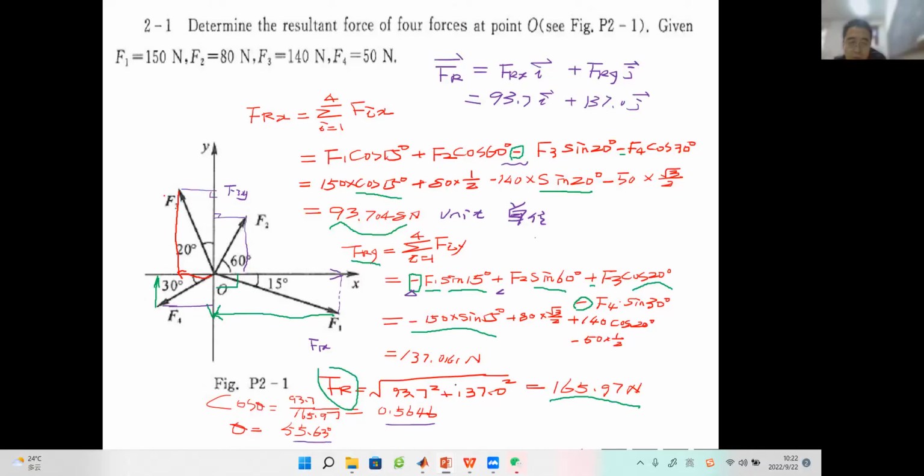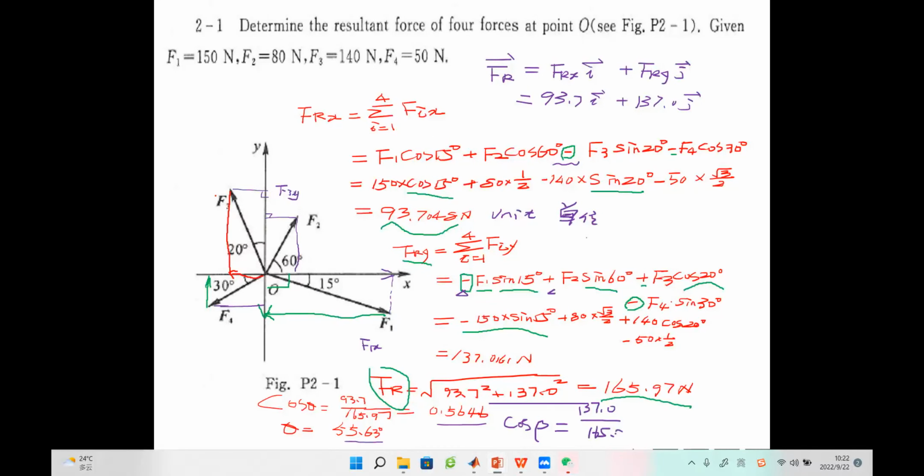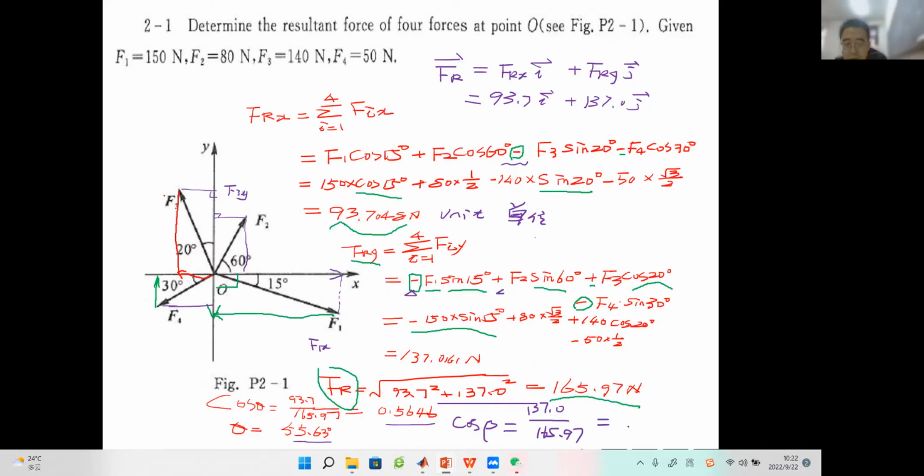So if you also want to find cosine beta, which means the cosine of the angle between FR and the y-axis, we can use this. Just use 137.0 over FR, right? So the other things you can do by yourself.